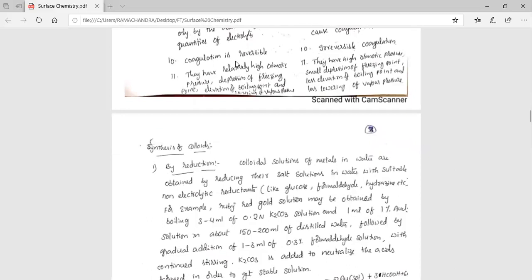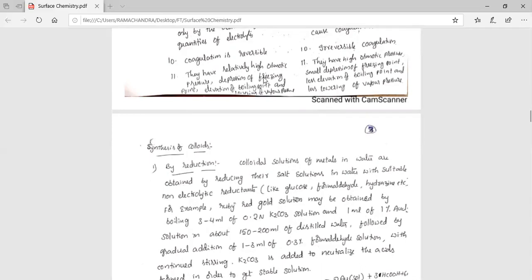Coagulation is reversible in lyophilic solutions, while coagulation is irreversible in lyophobic solutions. Lyophilic solutions have relatively high osmotic pressure, small depression of freezing point, less elevation of boiling point, and less lowering of vapor pressure.